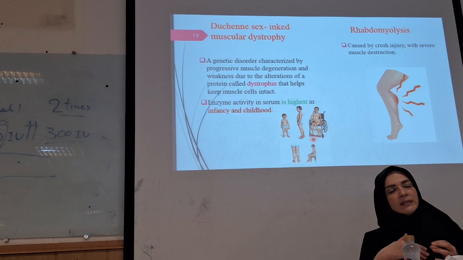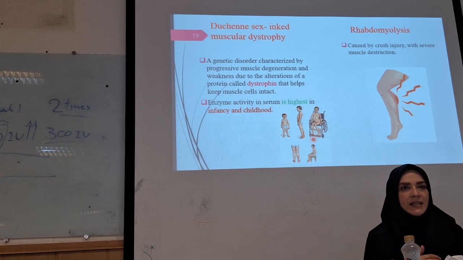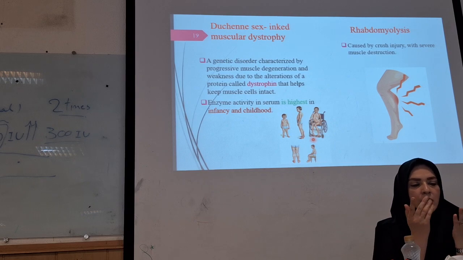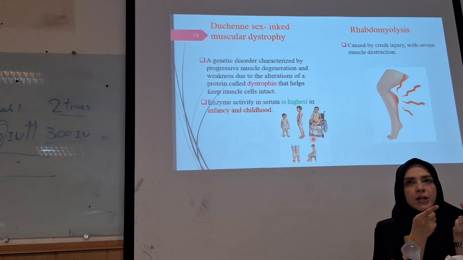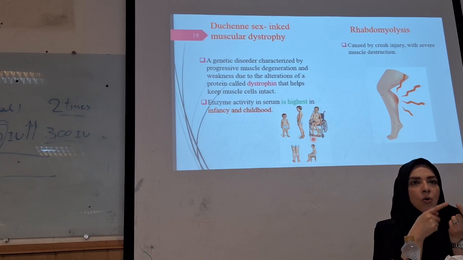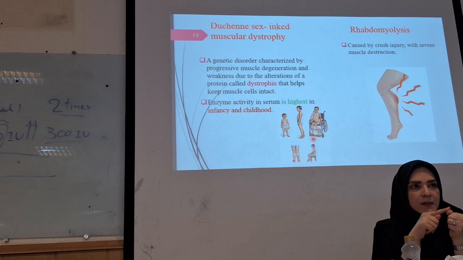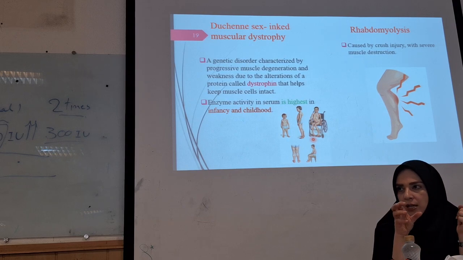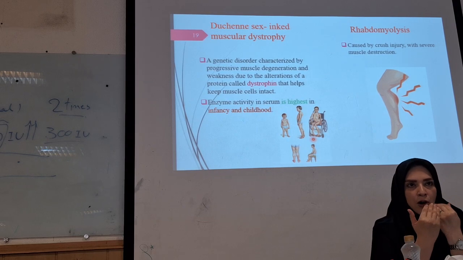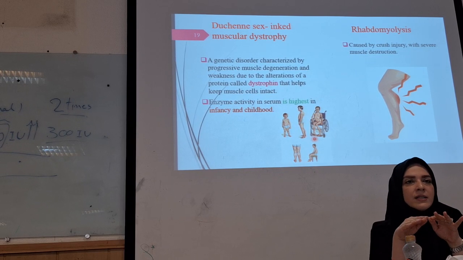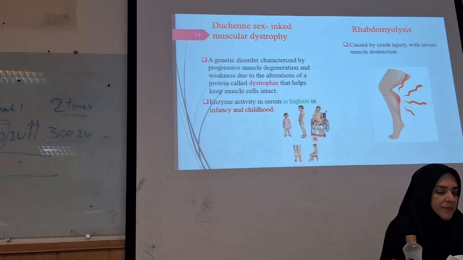It can result in alteration in the creatine kinase activity. As I mentioned, for any disorder, no matter whether it is a crush, an MI, a trauma, paralysis or vigorous exercise, because in all of these situations muscles are involved, it can result in alteration of the creatine kinase activity.